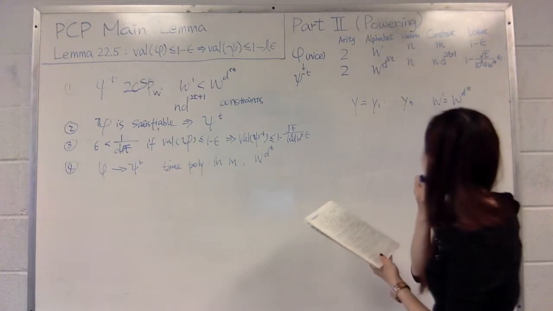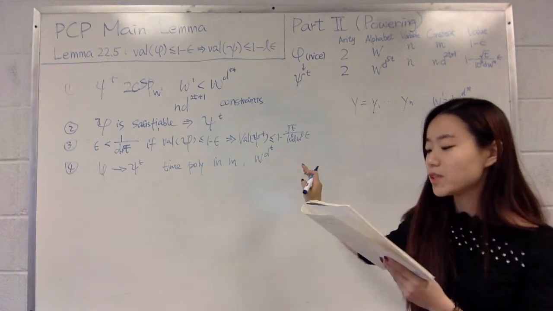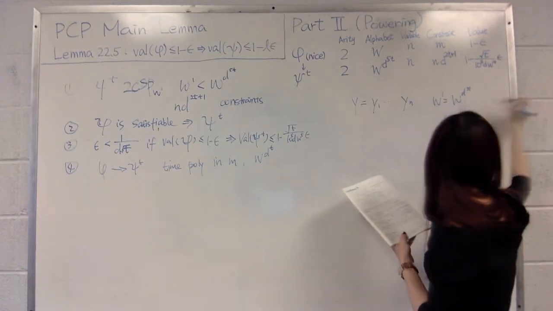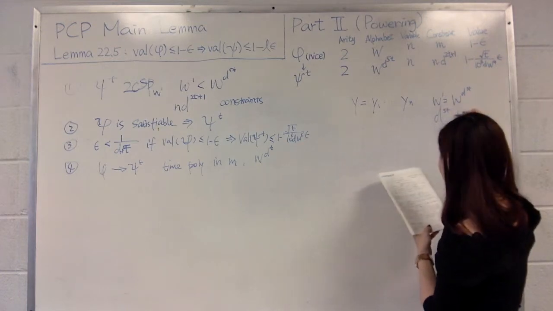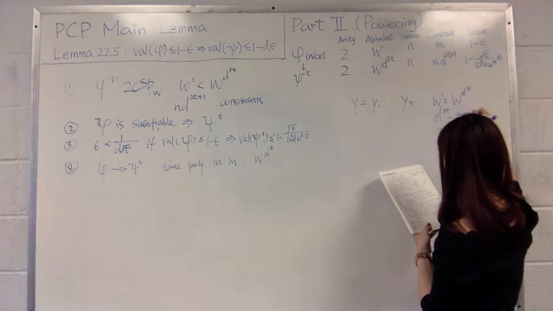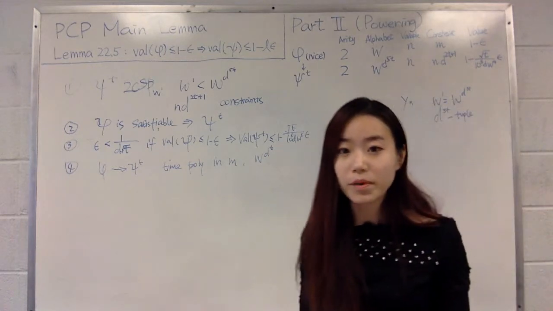So for every variable yi, it has D over 5t tuples that take values from 0 to W minus 1.